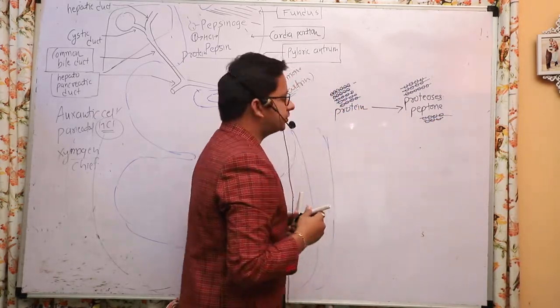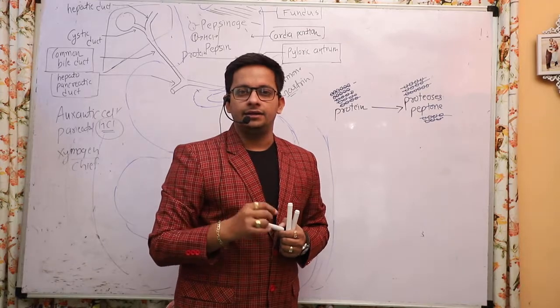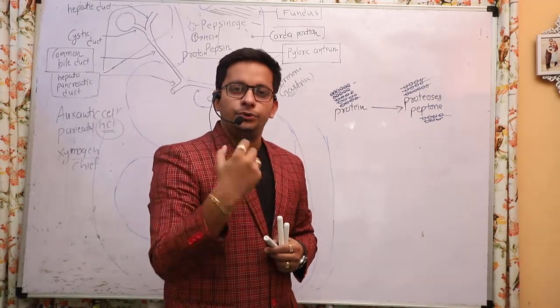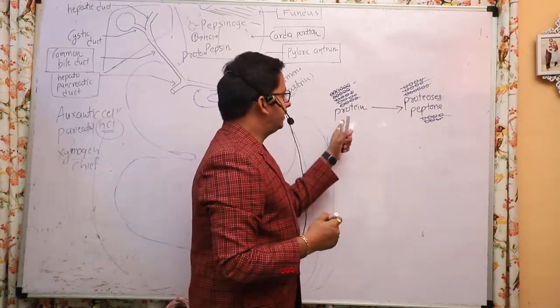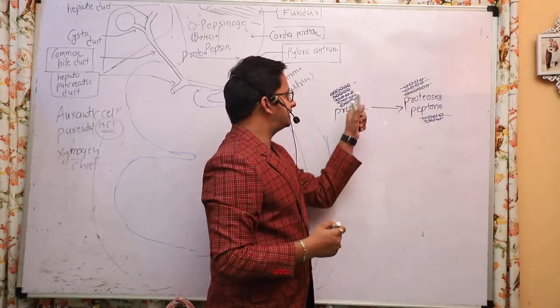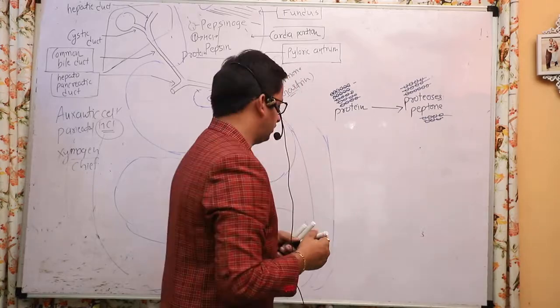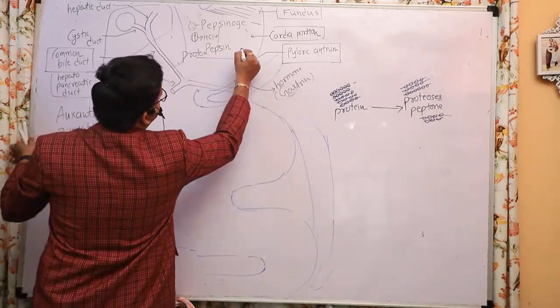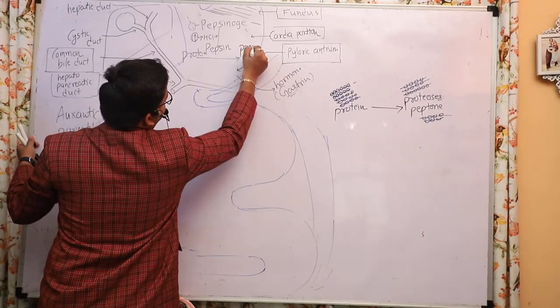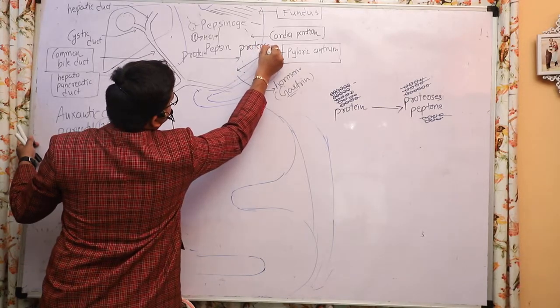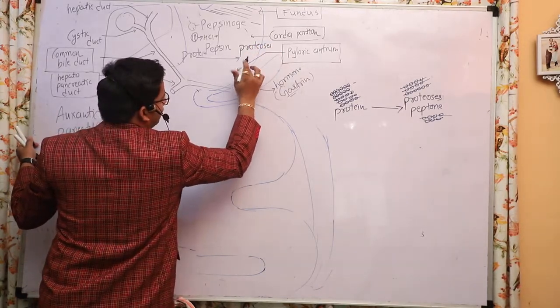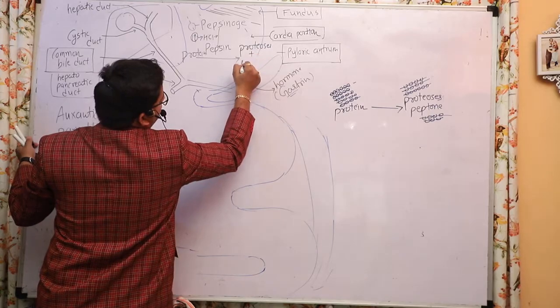There were 5 chains of polypeptide in protein. Now due to digestion, it will be converted into a large piece of protein and a smaller piece of protein. Larger is called proteose, and smaller is called peptone.